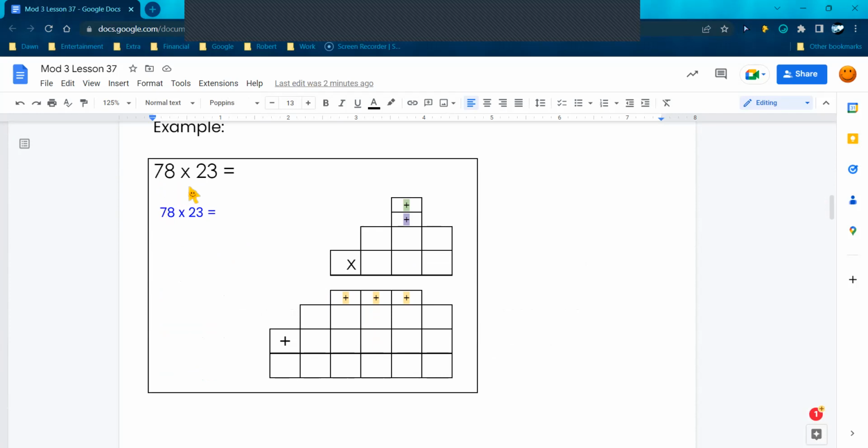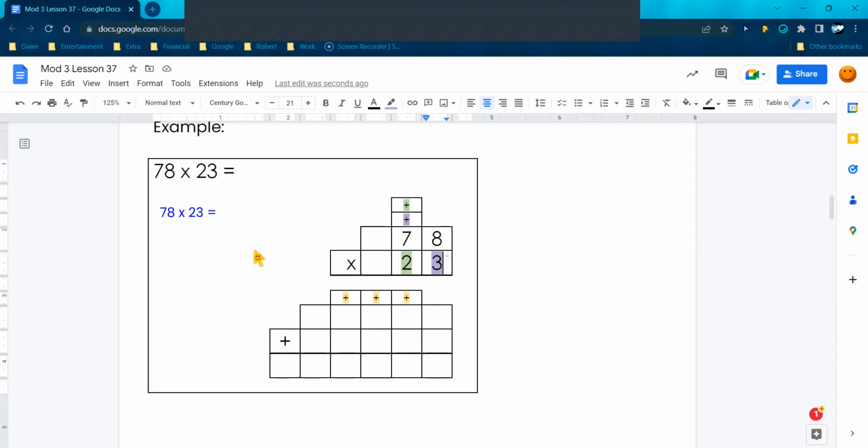So I want you to pick the number that you think is easier to multiply by, that you feel more comfortable. So knowing that 2s and 3s we've worked on, I'm going to put my 78 up there and my 23 down here. Now, if you're more comfortable with 7 and 8, you can put the 7 and 8 right here. It is all up to you on how comfortable you feel.